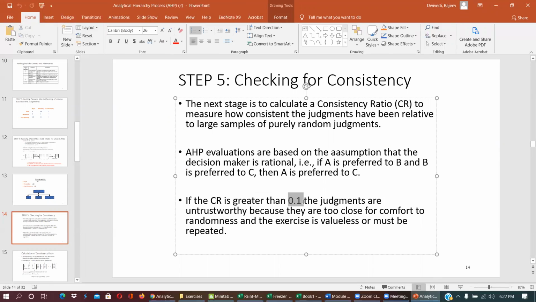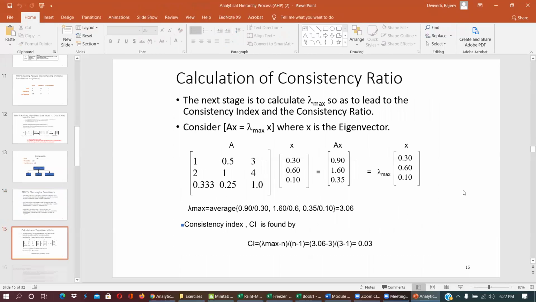That means if consistency ratio is more than 10%, the judgments are untrustworthy because they are too close for comfort to randomness, and are valueless or must be repeated. So you have to remember that it should not be more than 0.1.